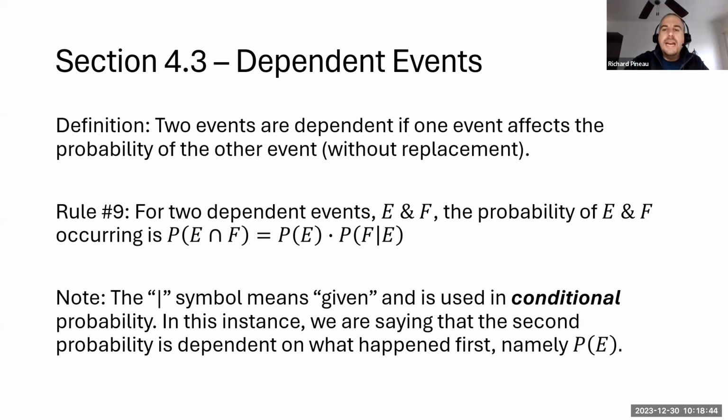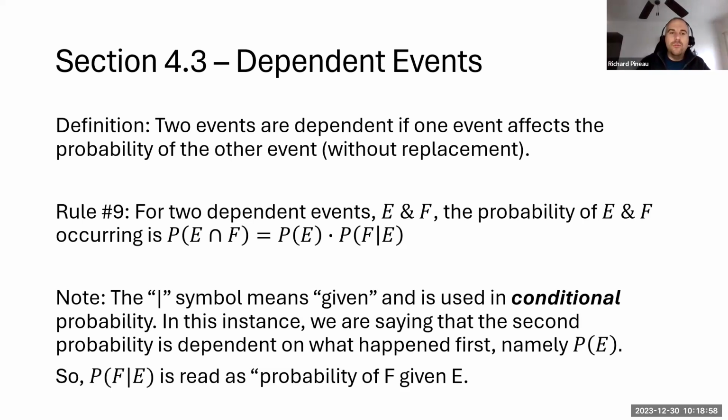So in this instance, we are saying that the second probability is dependent on what happened first, namely the probability of E. So how we read this is the probability of F given E. That means that E has happened already, and now I am going to figure out the probability of F, but I have to remember E has occurred. Something is impacting then, that event E is impacting my computation and consideration for the probability of F. I need to keep that in mind. There's some sort of impact.